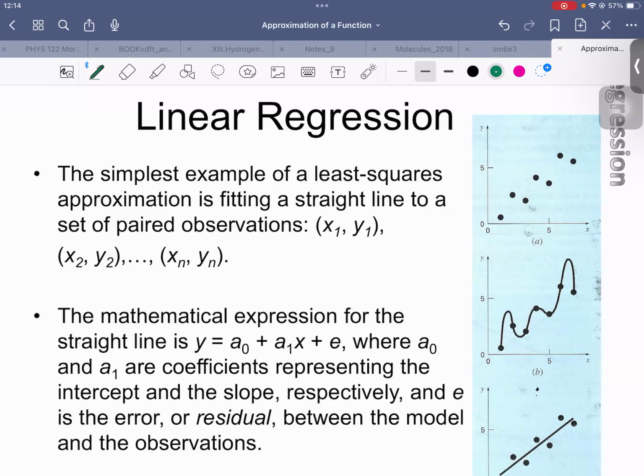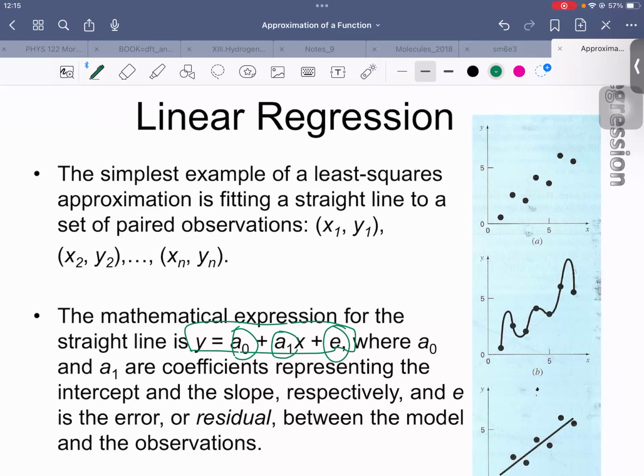So as for example, we have y equals a naught plus a1 x plus e. Yung a naught, of course, and a1 are coefficients. Since this is related to a linear equation, a naught is actually the y-intercept. A1 is your slope. Okay. Now, e here is the error or residual.